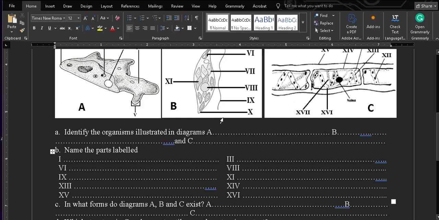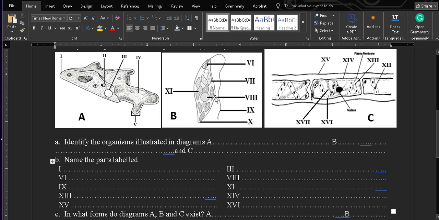So what do we have for A? A is amoeba, C is Spirogyra. So there are 2 quite different organisms, and you can have a number of differences. You can talk about the pseudopodium present in A, pseudopodium absent in C. You can talk about the cell wall in C, which is absent in A. So A does not have a cell wall.